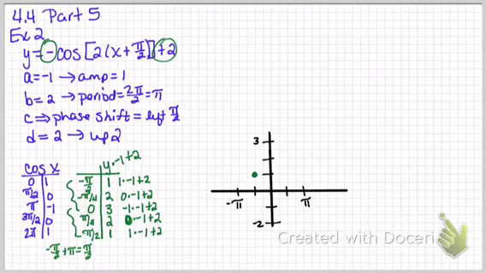Negative pi over 4, 2. 0, 3. Pi over 4, 2. And pi over 2, 1. And so there is our graph. And if we look at it and compare it back to the one we did in the previous example, we'll see it's the same exact graph. It's just literally been moved up 2.